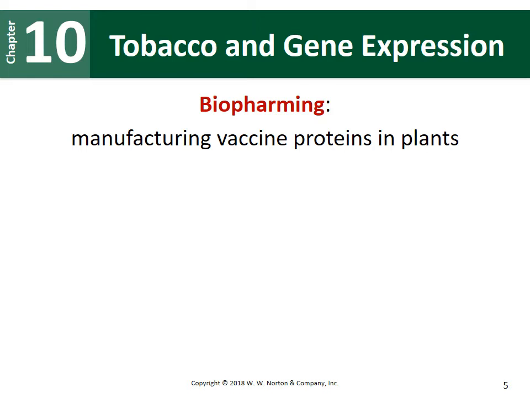Bio, remember, refers to life, and farming is a play on farming with an F, and pharmaceutical, like pharmaceutical drugs. So biofarming is using different organisms in order to create pharmaceutical drugs. And the example here is getting those vaccine proteins created in these plants.